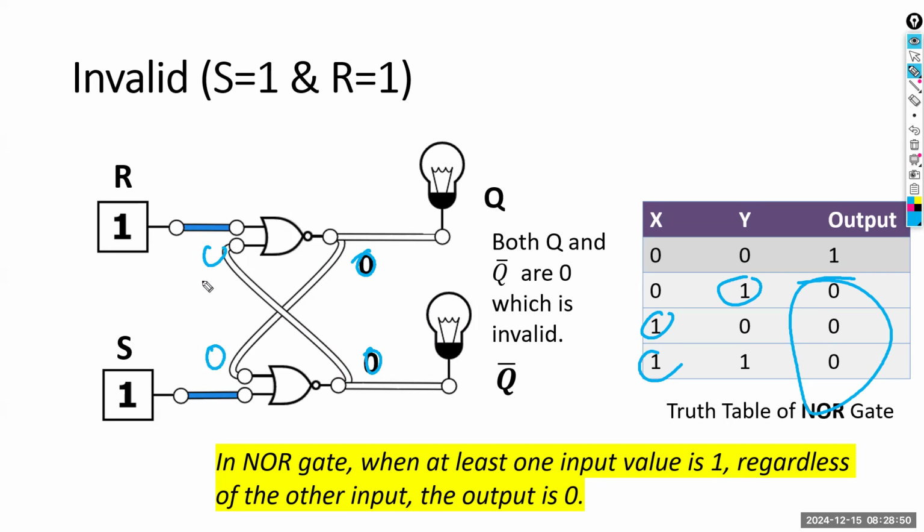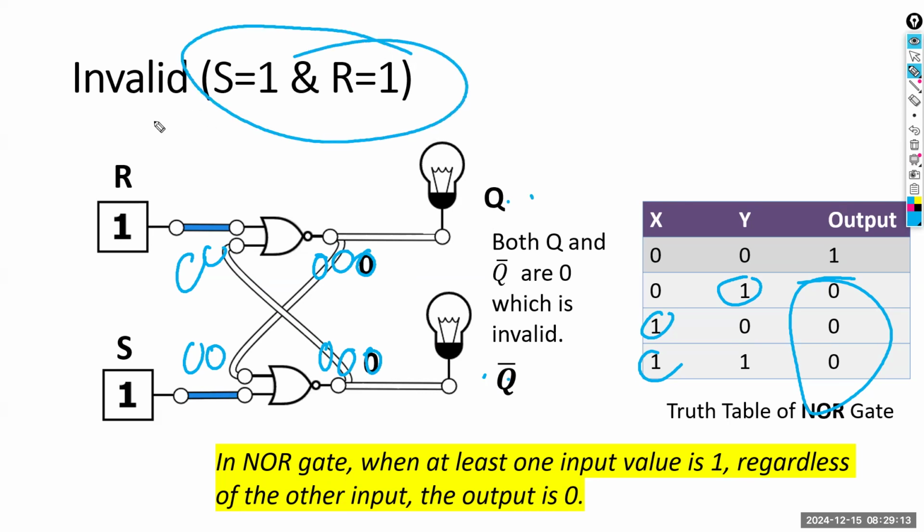But again, when at least one input is 1, output is 0. That 0 is fed here. Now both remain 0 forever as long as you keep it 1. But that is not the expectation. When this is 0, this must be 1. When this is 1, this must be 0, but here both are 0. So therefore we say S equal 1, R equal 1 is an invalid scenario in the SR latch.